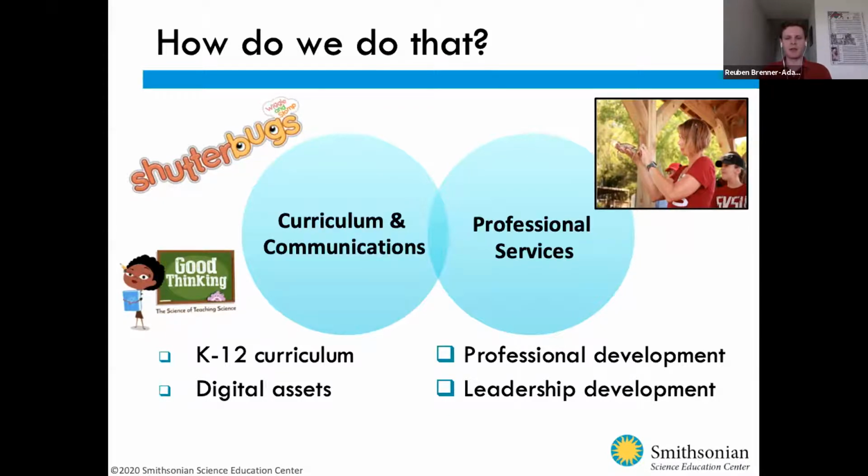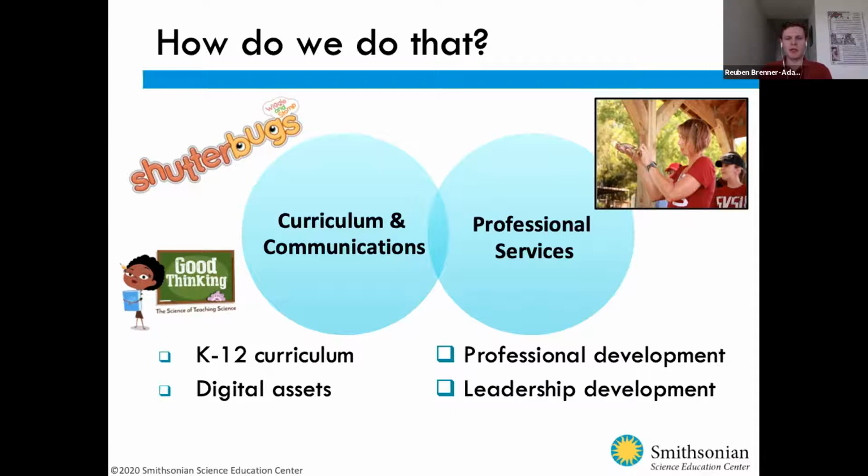That curriculum is aligned to Next Generation Science Standards, but also aligned to the UN Sustainable Development Goals, depending on which curriculum you're talking about. I'll get into that a little bit more later. And then the part that I'm directly involved with is the creation of digital assets, both those that support the K-12 curriculum that we create, and also those that can stand alone as educational experiences.